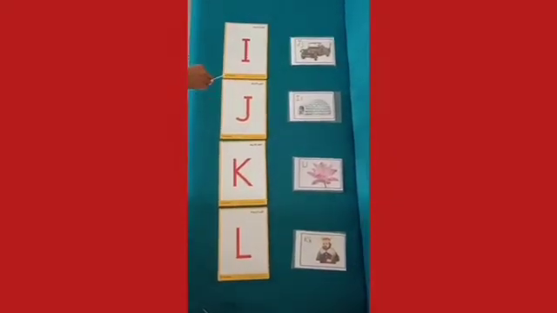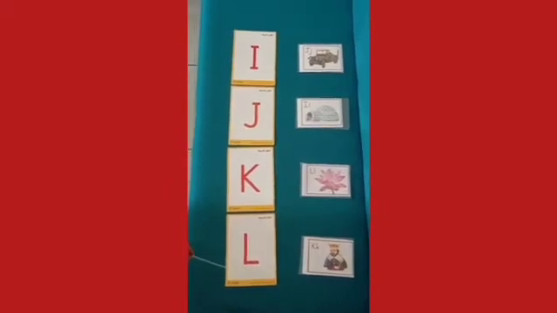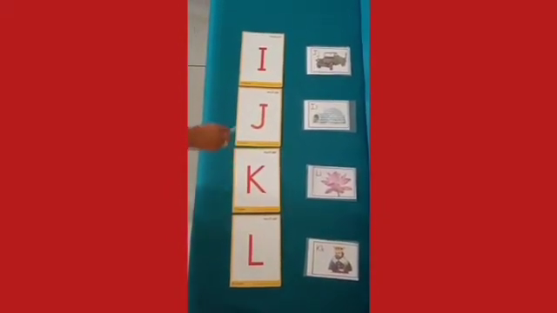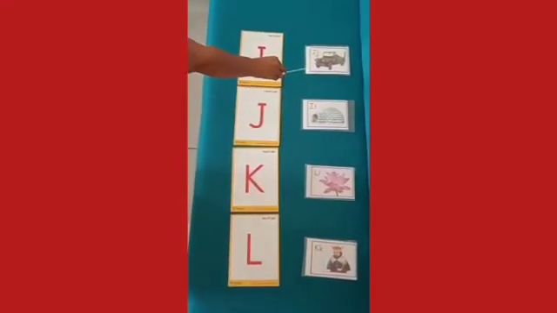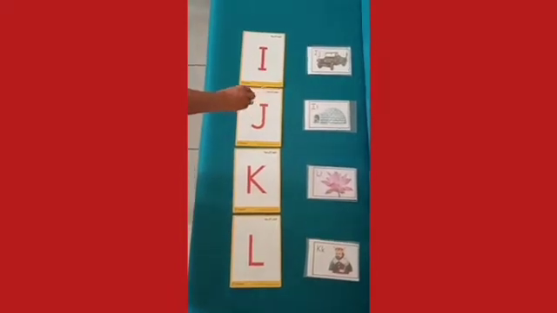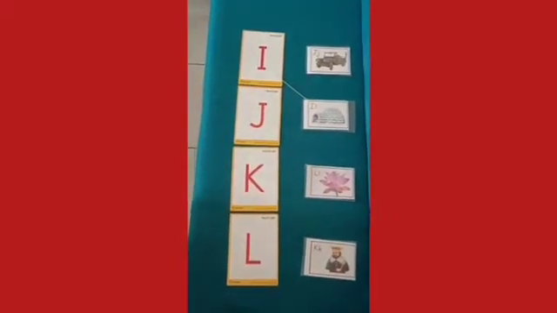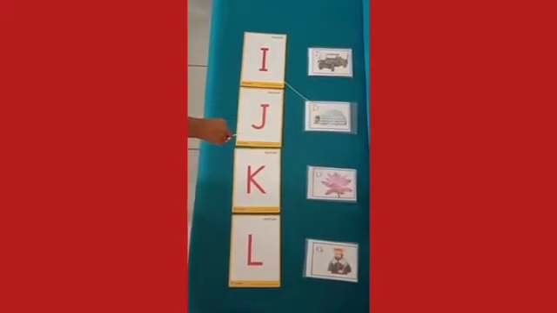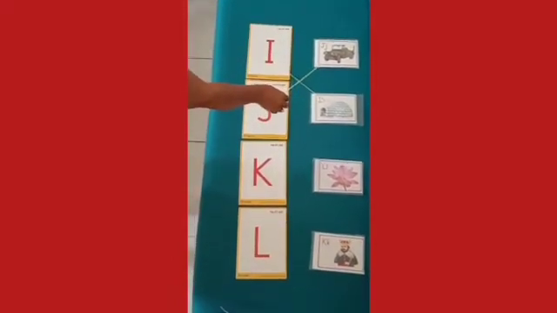We have alphabet I, J, K, L and their related pictures. First alphabet is I. I for jeep? No. I for igloo. So we will match it with igloo. Next alphabet is J. J for jeep.